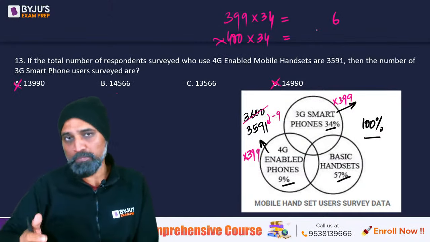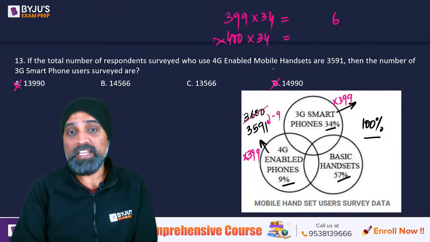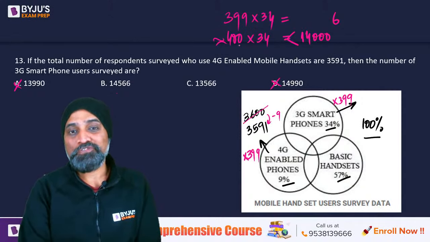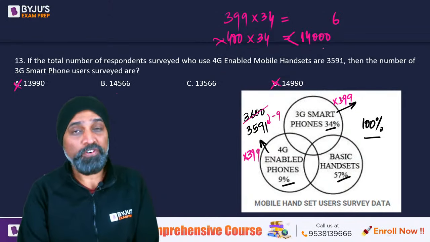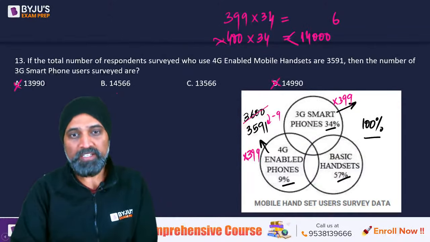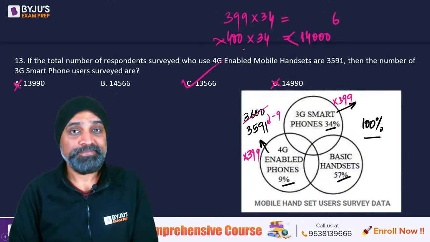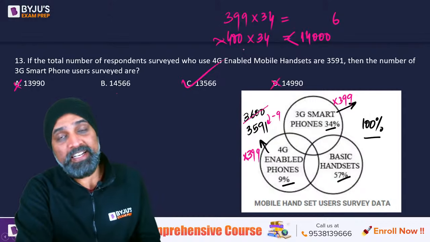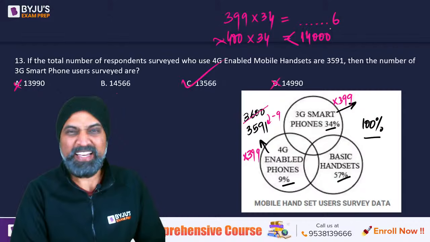So in the best possible scenario, we will not be able to cross 14,000 anyway. So this value is definitely less than 14,000. So if 400 into 34 is less than 14,000, 399 into 34 should also be less than 14,000, right? So less than 14,000, only C makes sense. Or we will end up doing 399 into 34, which is not a difficult one, but time consuming.